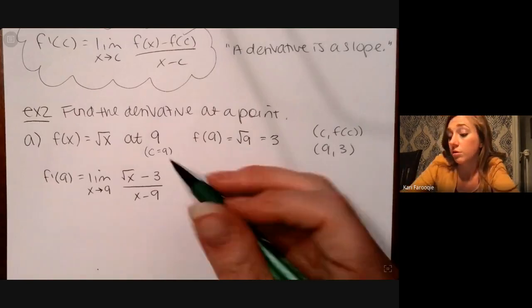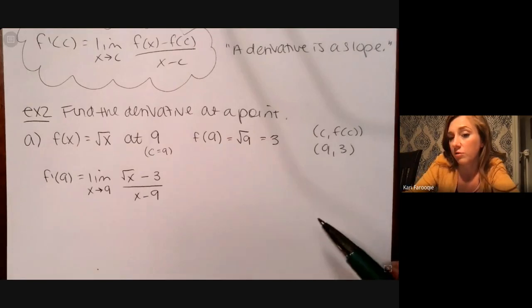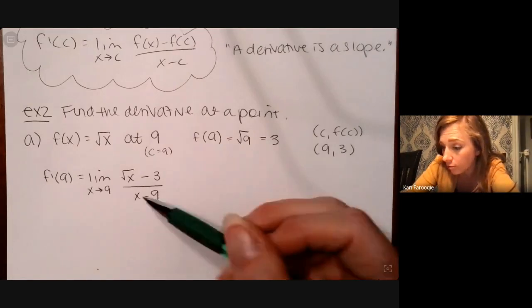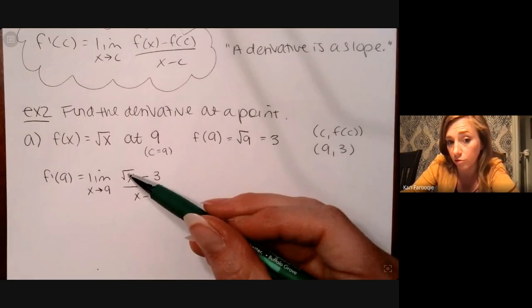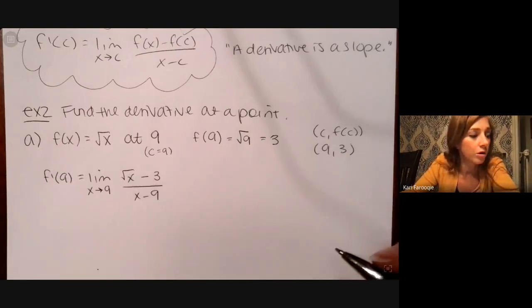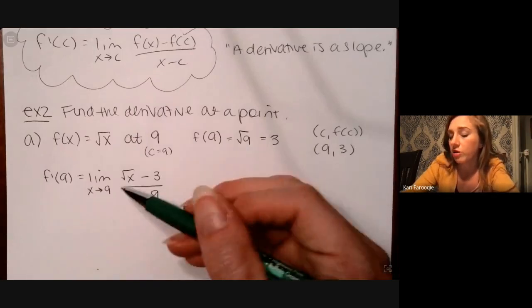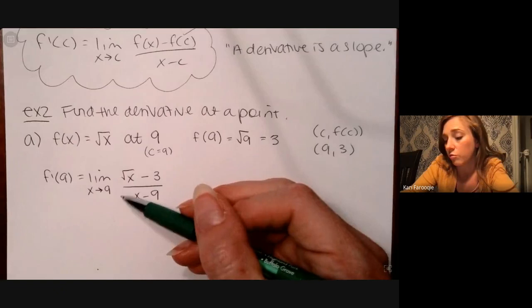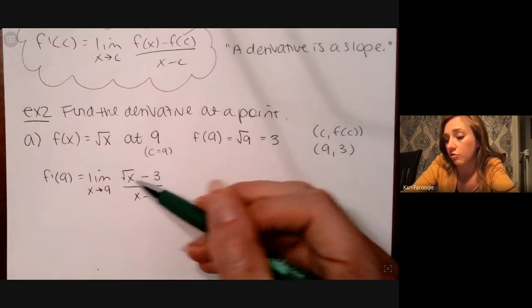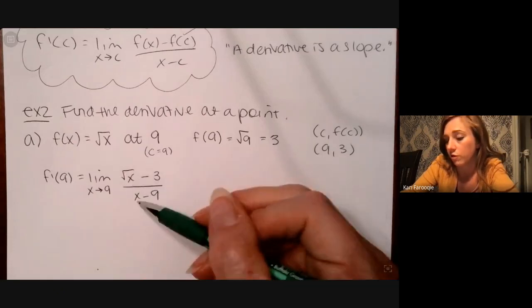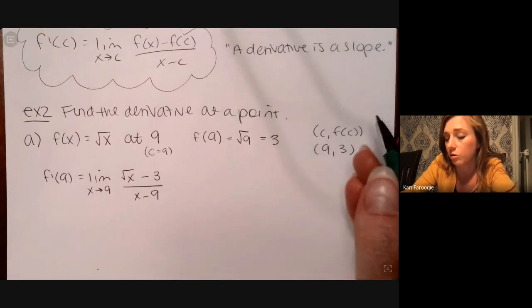If you want, you can think about x minus 9 as being the difference of two squares, where x is the square of the square root of x. Or if I were you, I would suggest using the conjugate because it's something that we used in this class a lot anyway. Notice that if you tried to evaluate the limit straight from here, you'd have the square root of 9, which is 3, minus 3, which is 0, divided by 0. So it'd be an indeterminate form.